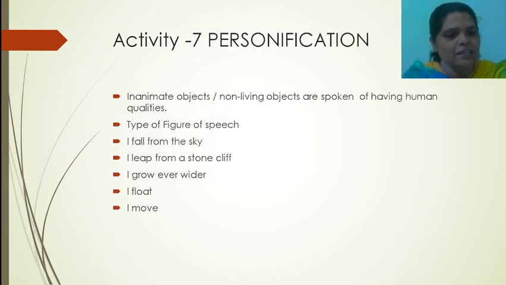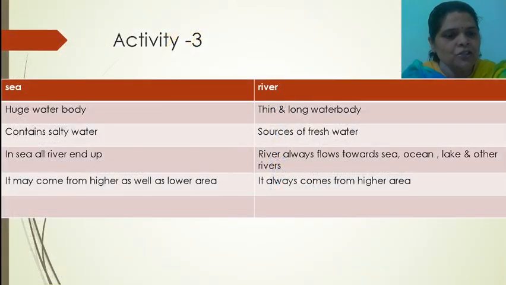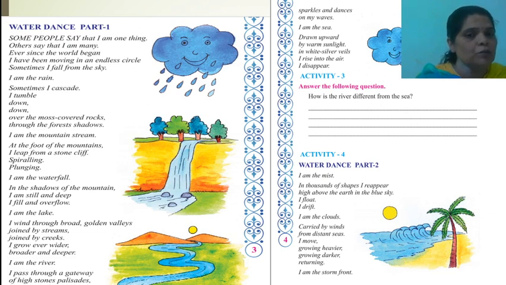Now activity 7. I am telling you, this whole poem is based on personification, because in each and every line you can see 'I am one thing.' Here the poem is talking about water, which is an inanimate, non-living thing, but here it is behaving like a living thing. All the qualities of a human being are related, like I tumble down, I fall from the sky, I move, I float, I drift, I disappear, I rage.